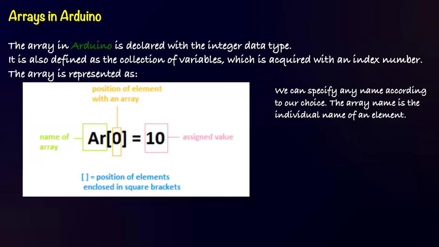The array name is the individual name of an array. When we specify a name and give the number related to the elements inside the array, we are specifying which element we want to refer to.